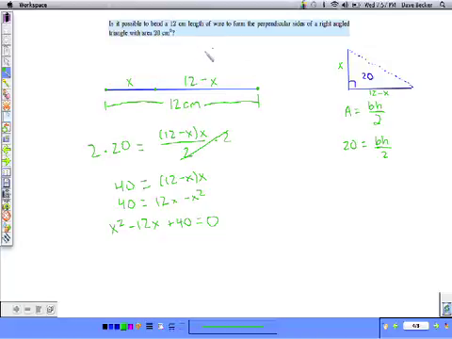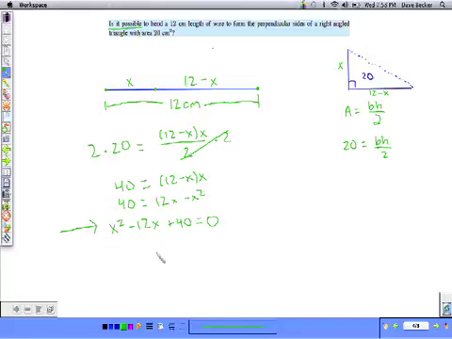Now let's go back to the original question. Is it possible? It doesn't say what are the lengths of the sides of these imaginary right triangles. It says, is it possible? Well, we have represented this entire situation with these equations here, and x does represent the height of the triangle, and 12 minus x is the base. So what we're really asking now, algebraically, is there a solution to this quadratic?